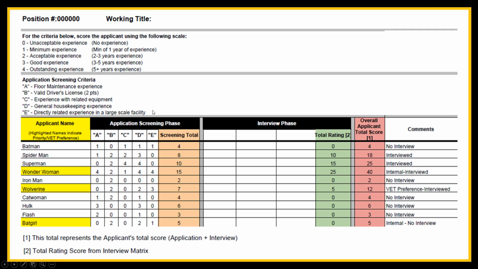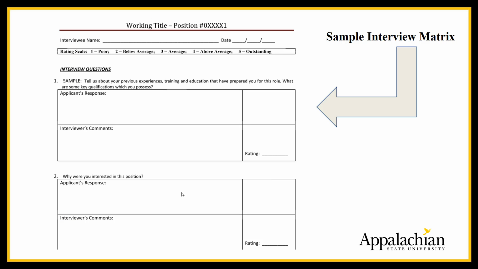You will take those individuals, those totals. Right here we've got about three applicants. We've got Spider-Man, Superman, and Wonder Woman, who are pretty close. We also have the Wolverine coming in at a 7, so we might as well go ahead and interview the Wolverine as well.